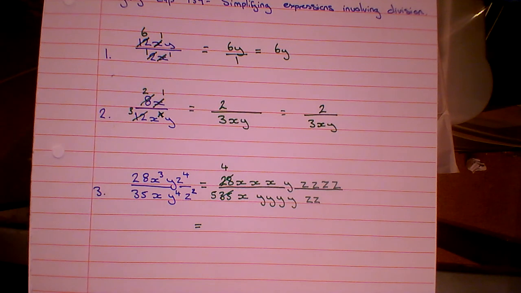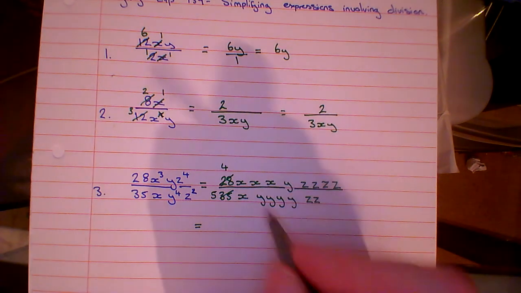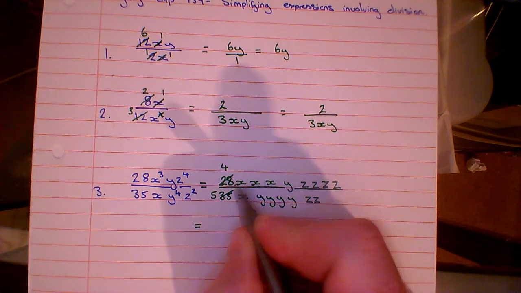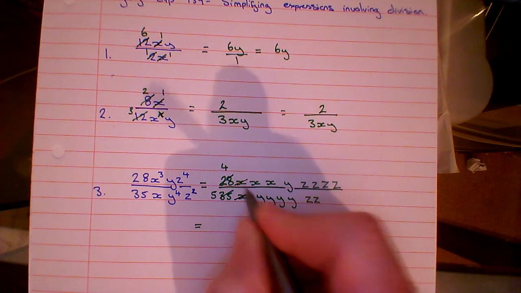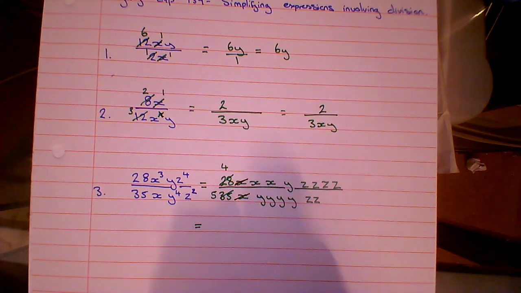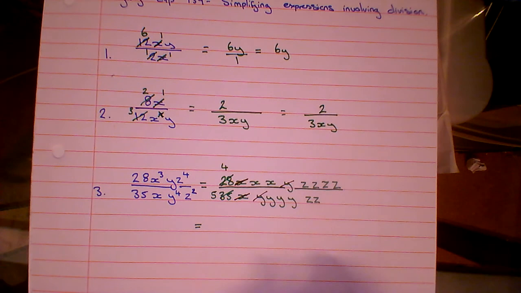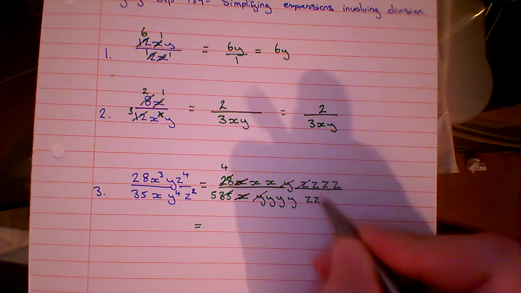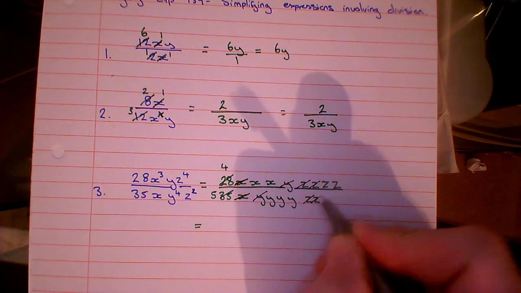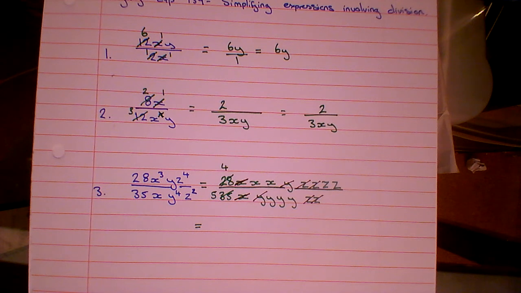I will do it in brown, just for those people who might be colourblind. So x on the top and x on the bottom, so one's going to cancel each other out. Perfect. Y's. There's a y on the top and there's y's on the bottom. Cancel each other out. Z's, 1, 2. I can't cancel anything else out.